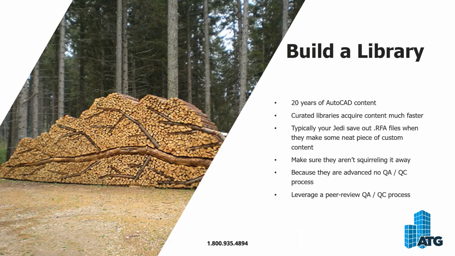They need a peer-reviewed QA/QC process to improve, yes, even the quality of what they created to meet a project requirement, so that it has things like shared parameters that family might need down the road to be scheduled well, to be tagged well. It might need some more parameters for information control. It might need to be more parametric so that you have better flexibility.